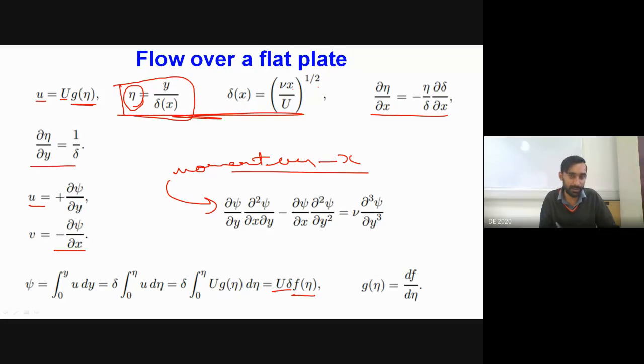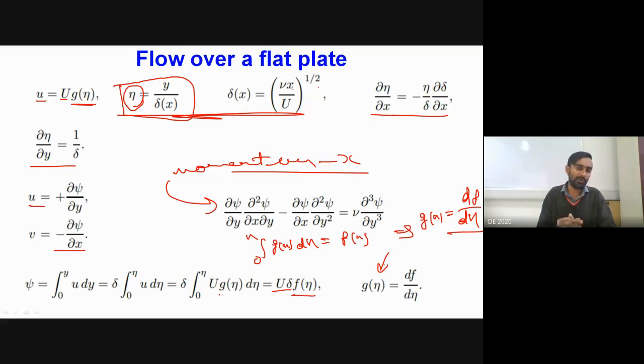So basically we have considered that the integral from 0 to eta of g of eta d eta equals f of eta. So I can simply say g of eta is equal to df by d eta. Okay, so this is the initial formulation we have taken.